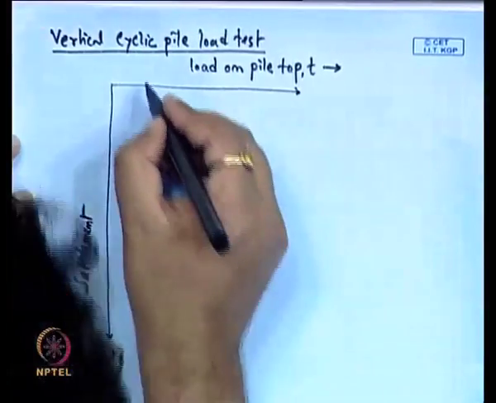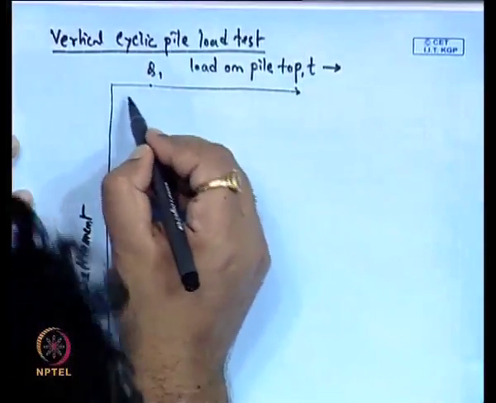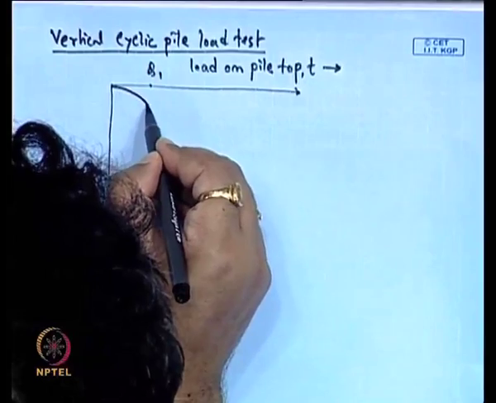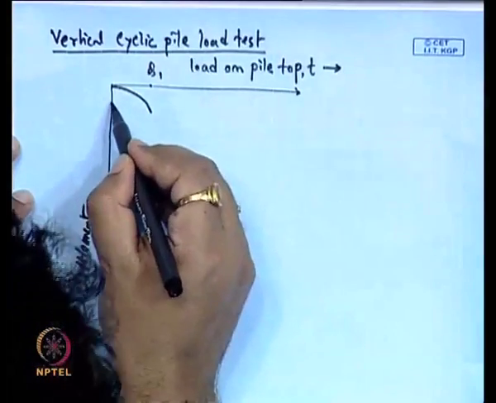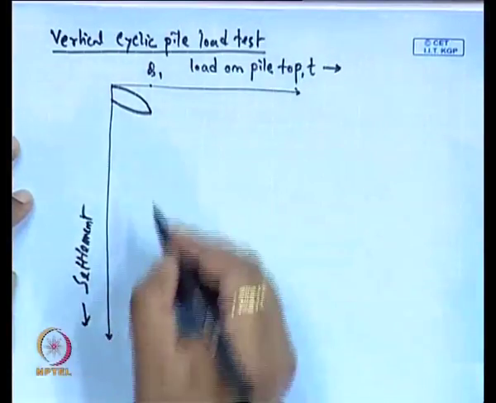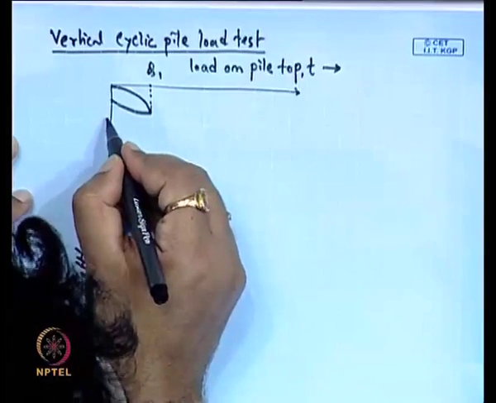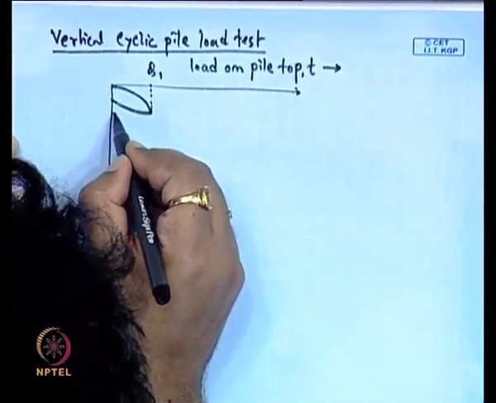This is the first increment, say Q1. We apply the loading up to Q1, then we apply the unloading, and here we get the settlement.